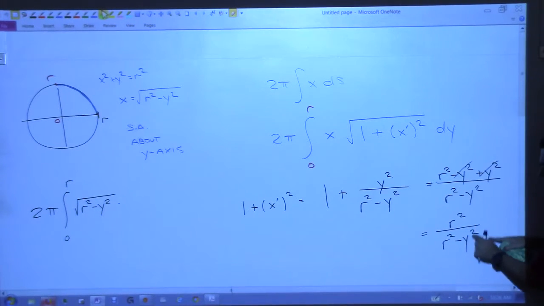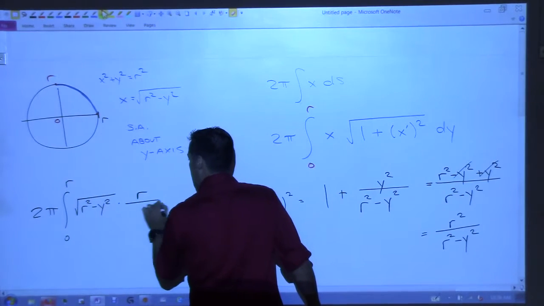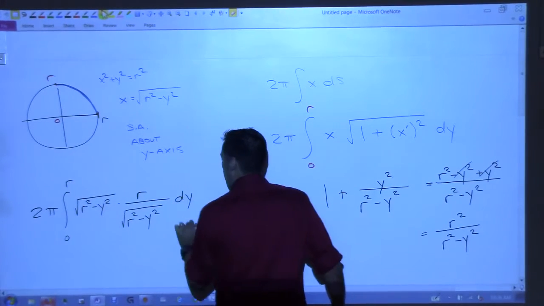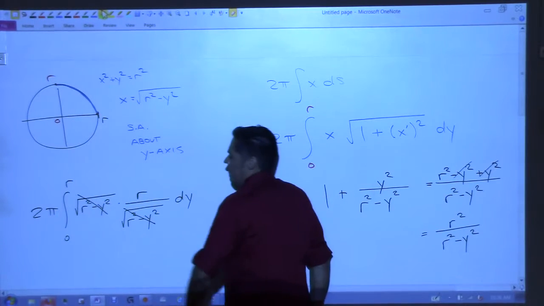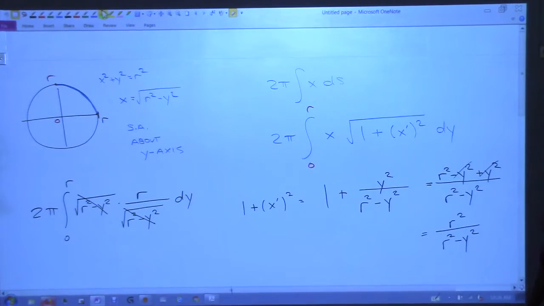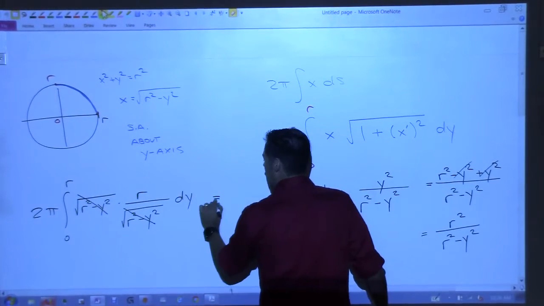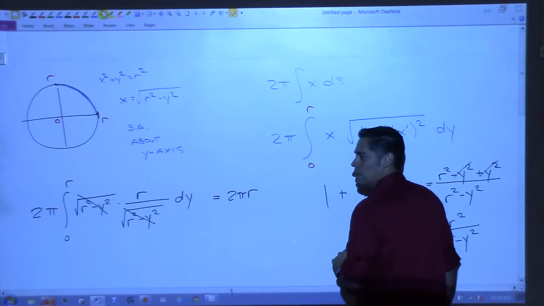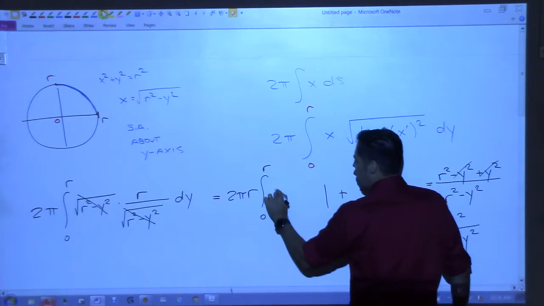So let me do the root on top and bottom here. Root on top just gives me r, and root on the bottom gives me the root of that. And then they cancel. dy, right? Bam, bam. That is really nice to see happen, because I don't even have y's left. All I have is an r, right? And that r is a constant, so it can come out. 2 pi r, right? Integral from 0 to r of what? 1 dy, or dy, right?